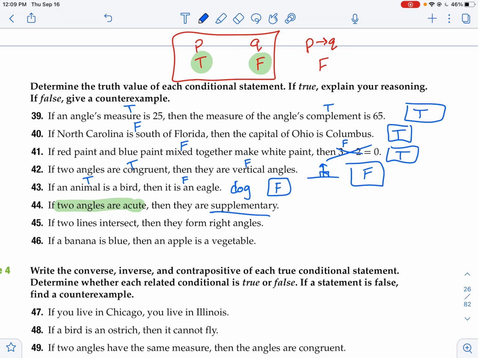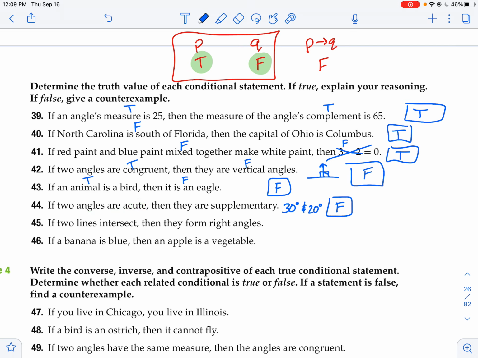Then they are supplementary. So that's true, I could have that. Let's say I have 30 degrees and 20 degrees. Those are definitely not supplementary. So I have a true and a false. So true, false gets me false.